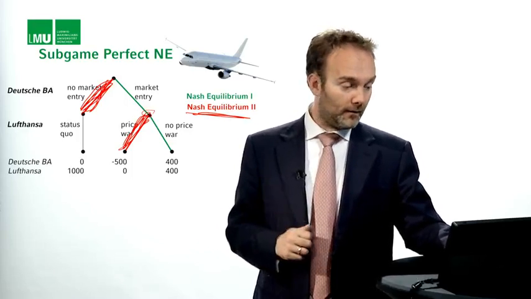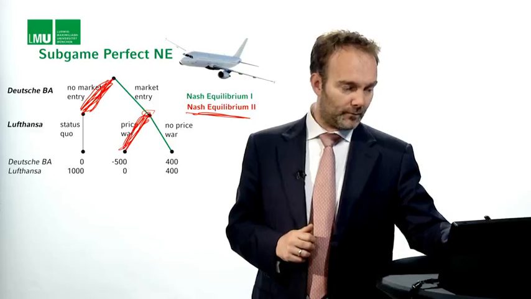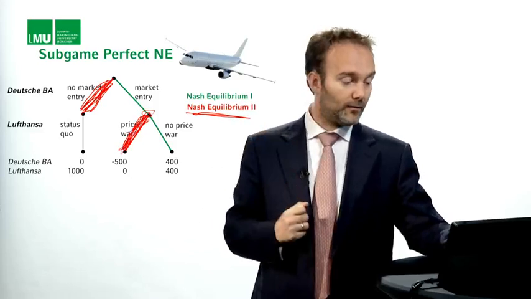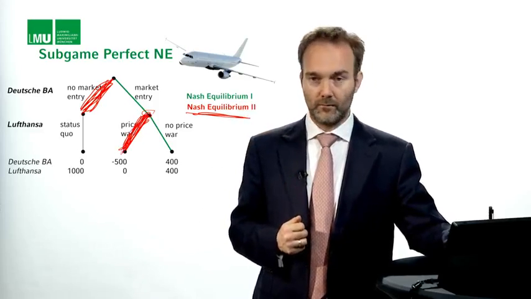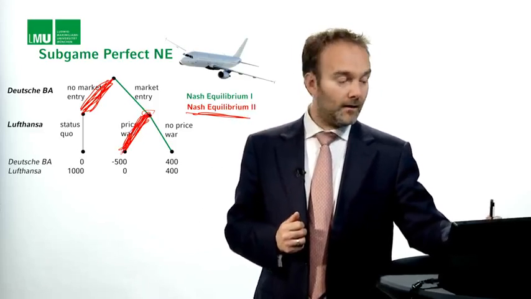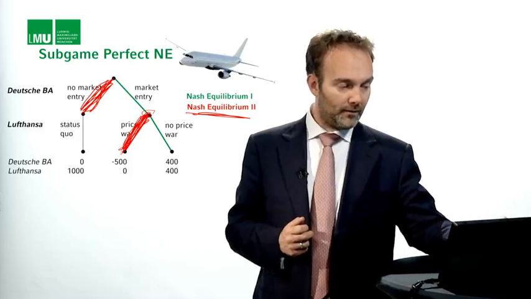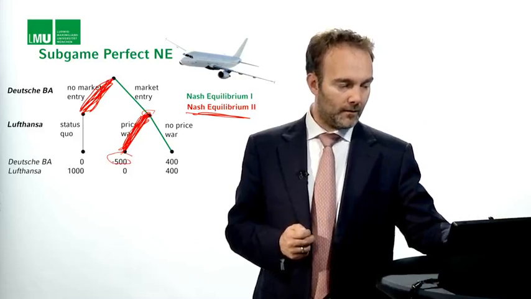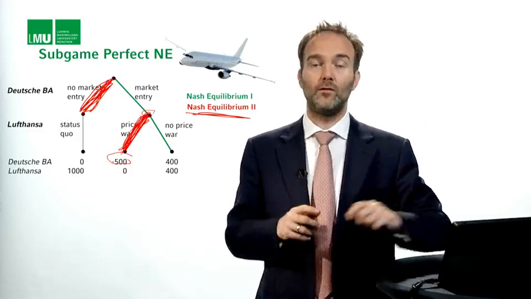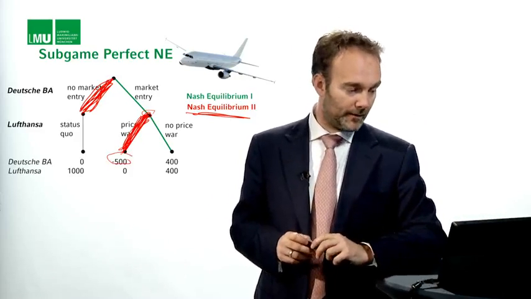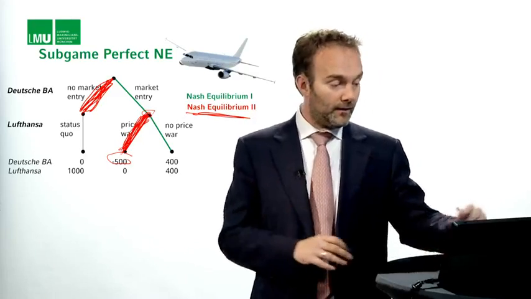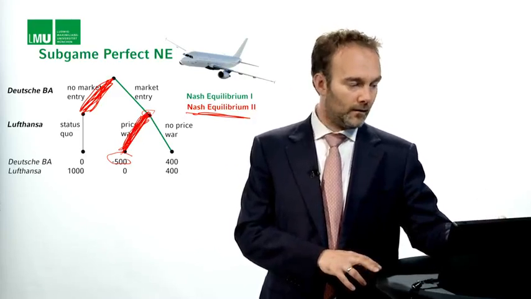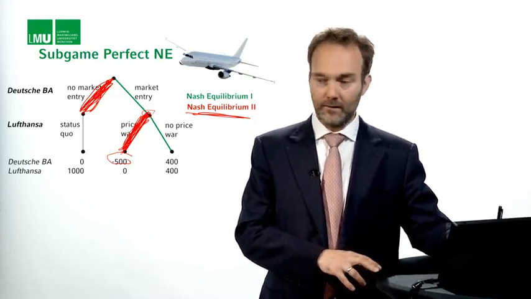On the other hand, what if Lufthansa starts a price war at this point? What if they have communicated their strategy, we're going to start a price war here? In that case, Deutsche BA is better off not entering, because if they entered the market, Lufthansa would start a price war and they would lose 500,000 or 500 million. So in this case, if Lufthansa sticks to where they are, Deutsche BA has no incentive to deviate.